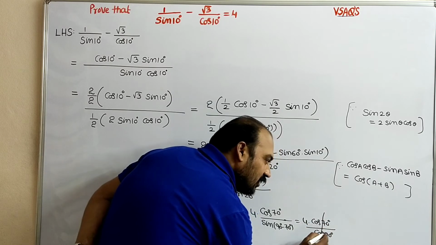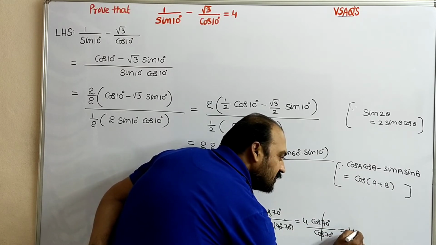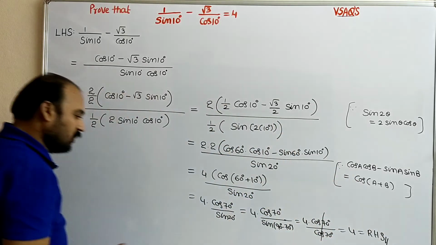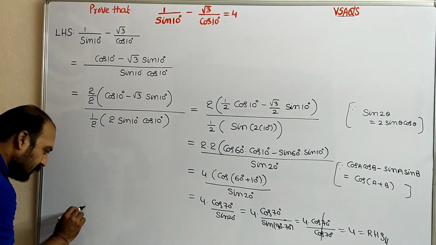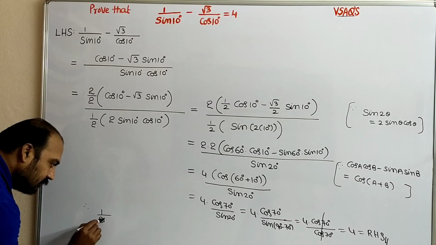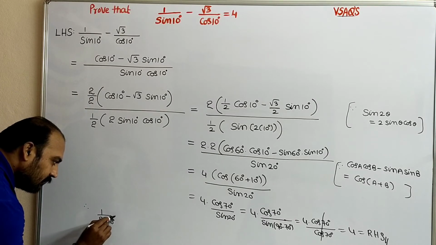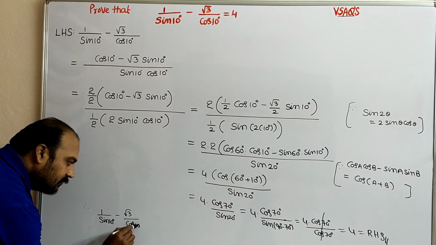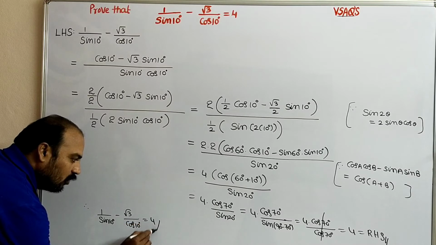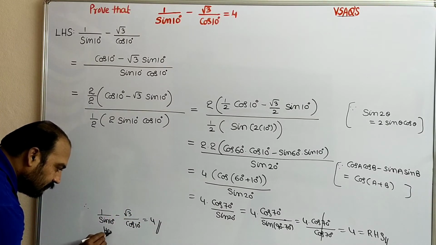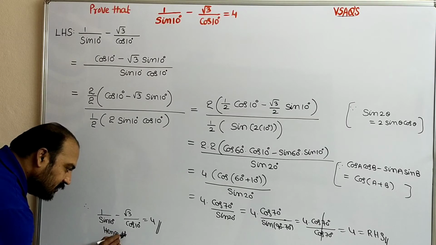So cos 70 gets cancelled, 4, which is the required RHS. Therefore, I am writing the conclusion step: 1 by sine 10 minus root 3 divided by cos 10 is equal to 4. Hence proved. Otherwise, hence the result.